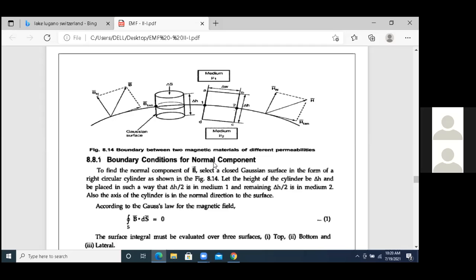To find the normal component of B, select a closed Gaussian surface in the form of a right circular cylinder as shown in the figure. So this is a circular cylinder.